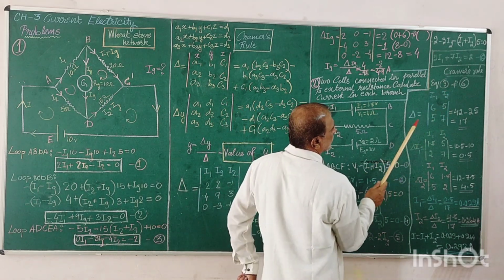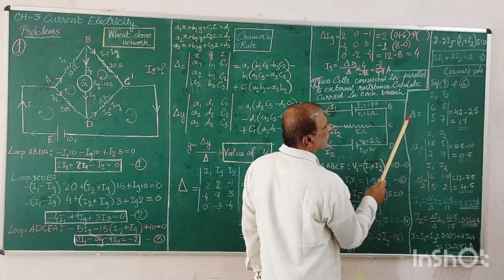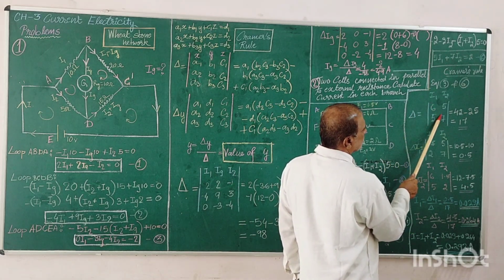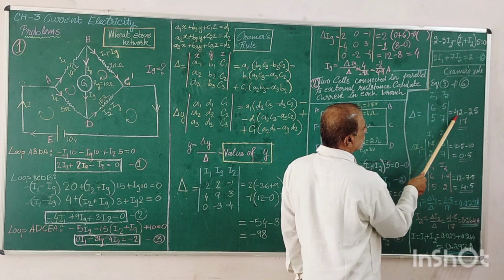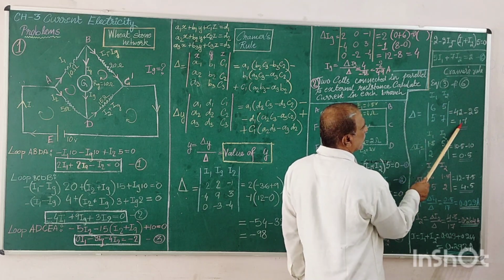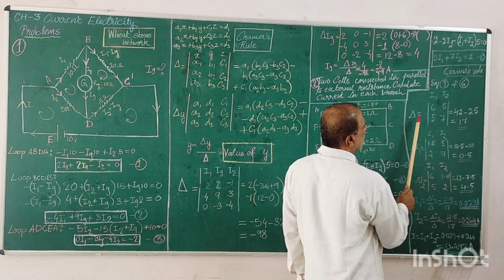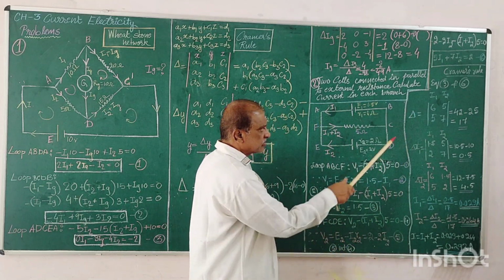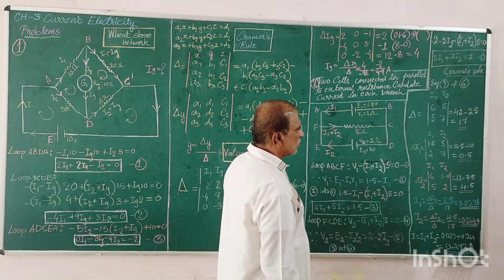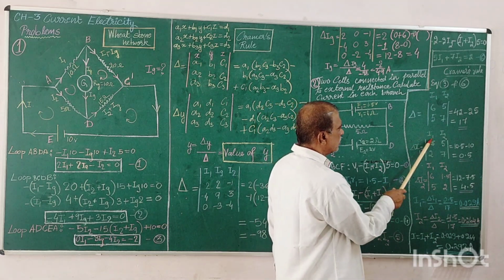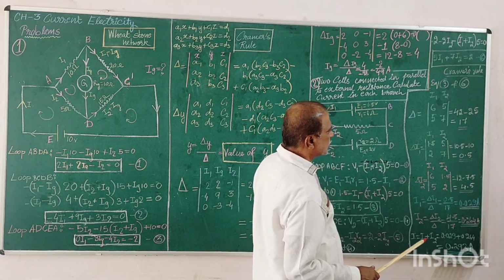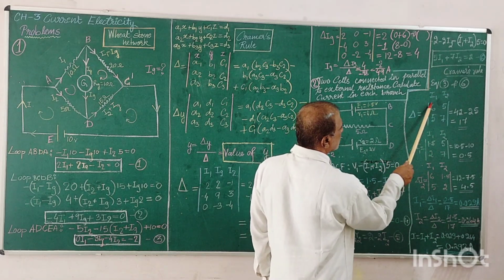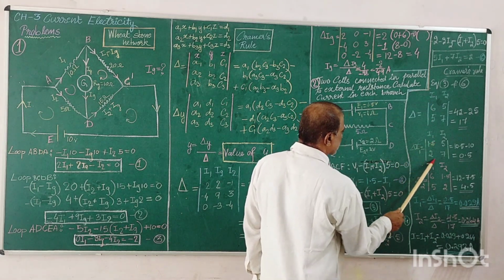Find the determinant. The determinant is easy now. This is the product of this minus the product of this: 70. Delta, that is the determinant of this matrix, is 70. To find the value of I1, write the same matrix, replacing this column by the constants.